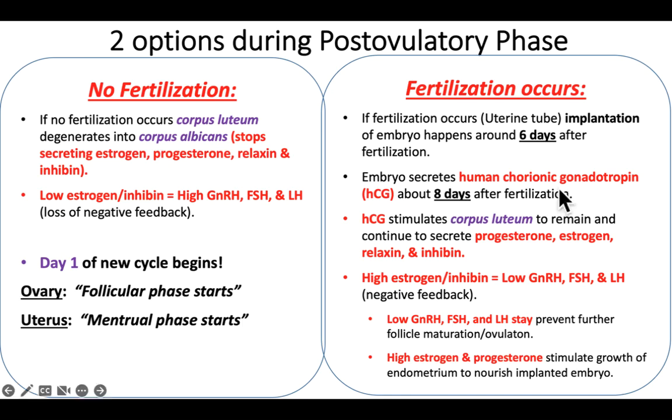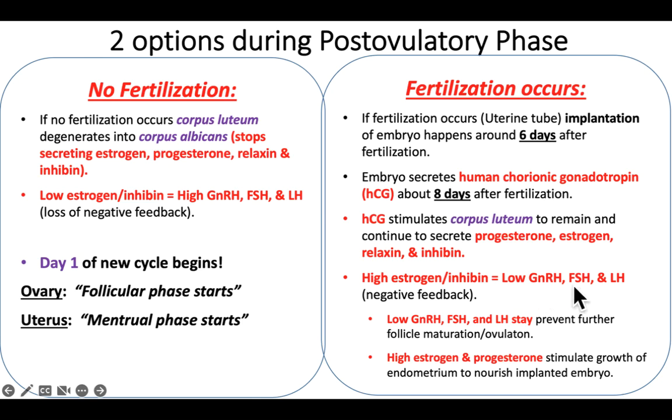So HCG stimulates the corpus luteum to remain and continue to produce progesterone, estrogen, relaxin, and inhibin. And that promotes the pregnancy. The high estrogen and the high inhibin keep the gonadotropins down, right? Because we definitely don't want to keep maturing follicles because we're pregnant. We reached the goal.